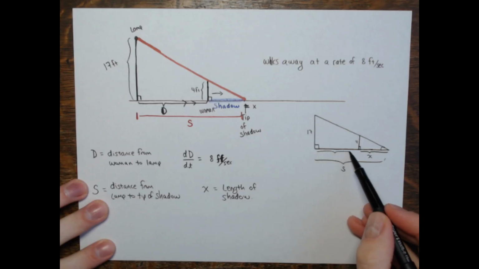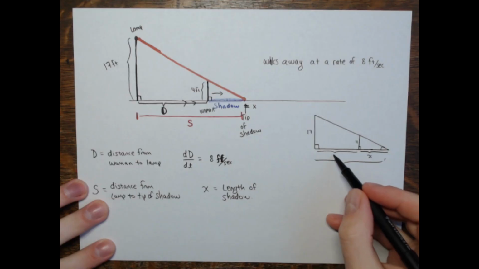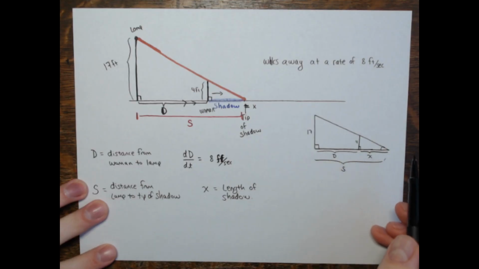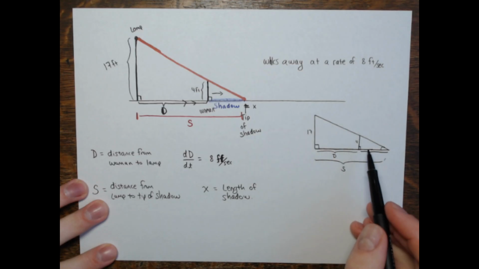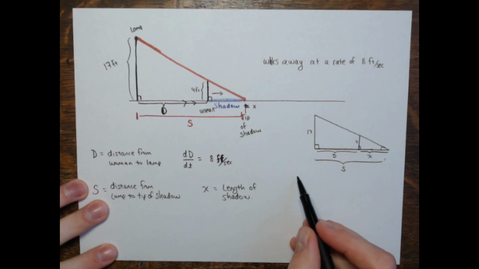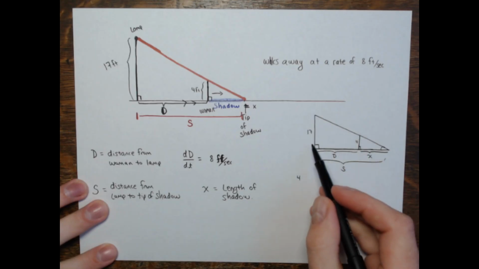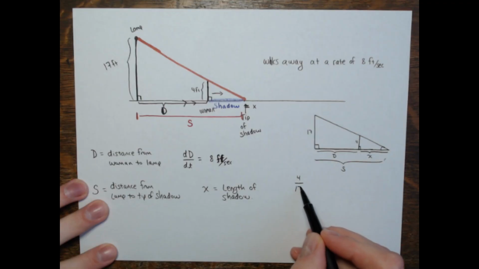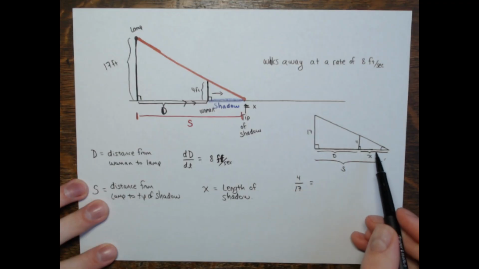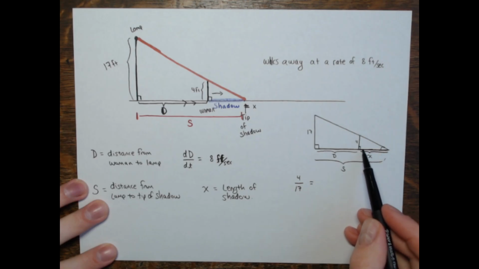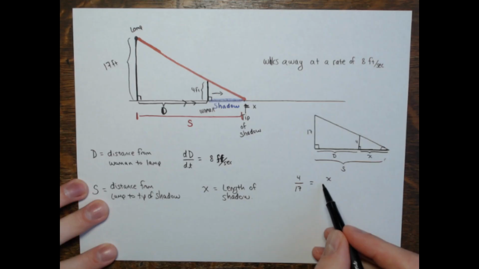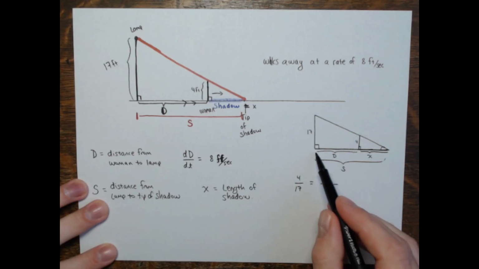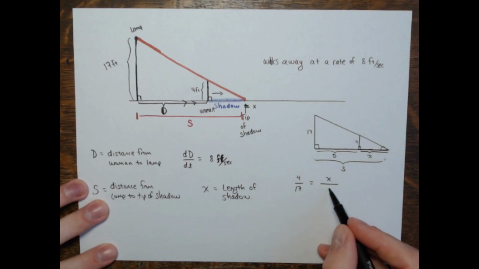Again, this length here, the distance from the pole to the woman, capital D. In the small triangle to the big one, the ratio of the height of the woman to the height of the pole should be equivalent to this length here, this leg, which is X, over the big horizontal leg in the large triangle, which is S.